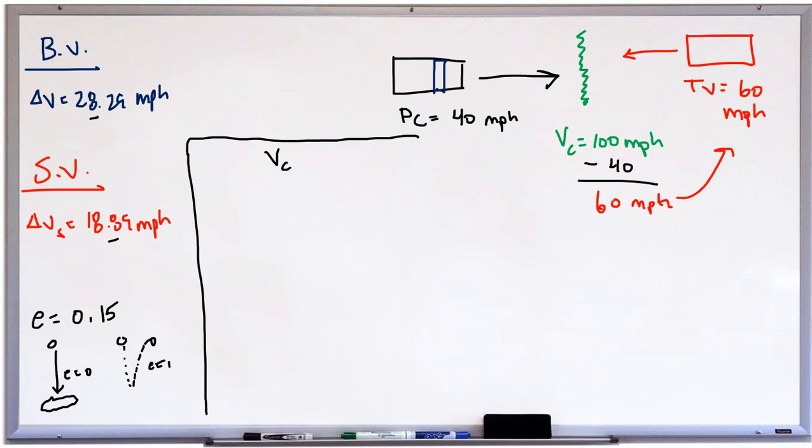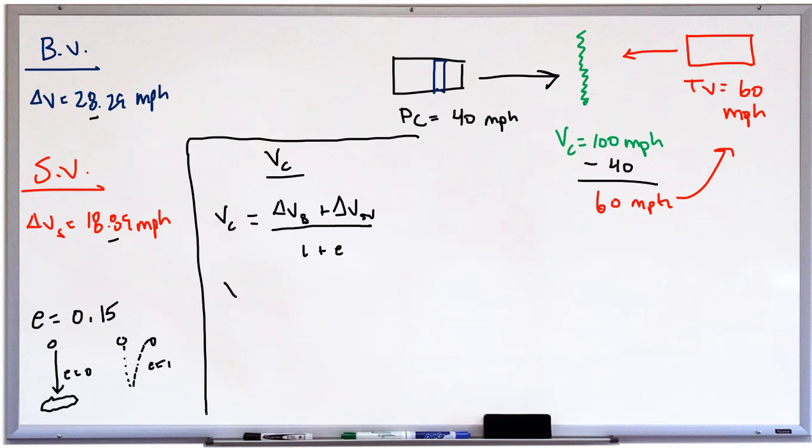So I'm just going to say velocity closing, and the equation we're going to use for that is that our closing velocity is going to be equal to the delta V of our bullet vehicle plus the delta V of our stop vehicle divided by 1 plus our restitution value.